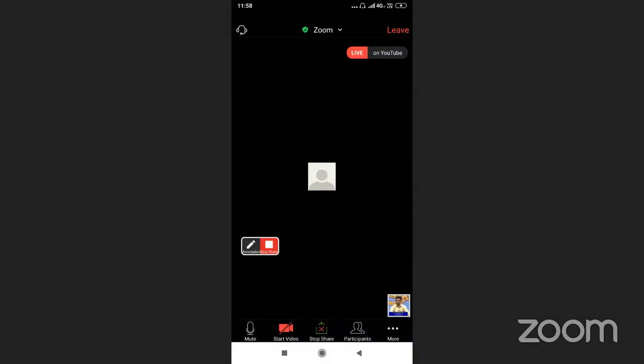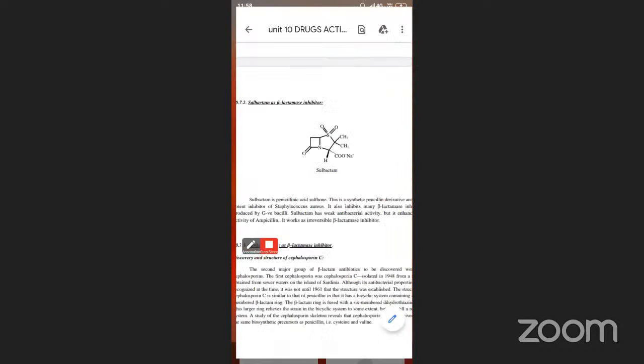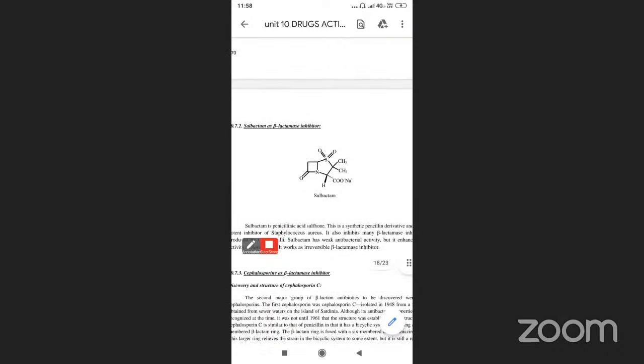Okay, right. So here the sulbactam and clavulanic acid, these are the beta lactamase inhibitors here, right?